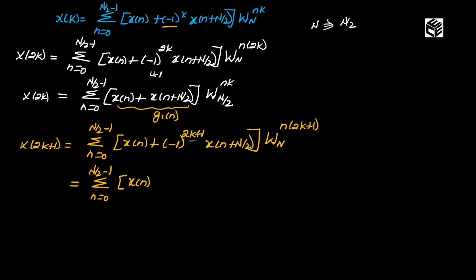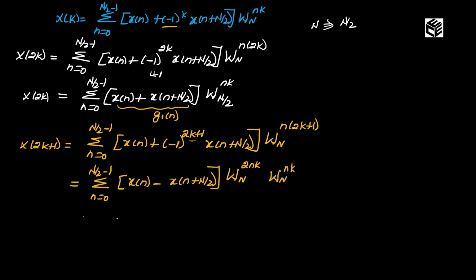2k plus 1 means it is an odd value, correct? So for an odd value, if we have an odd power of a minus value, we get a minus answer, correct? So the answer will be minus x of n plus n by 2, multiplied by W n to the power 2nk and W n to the power nk.